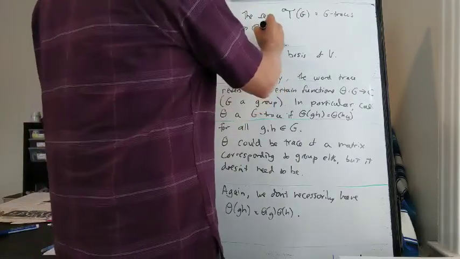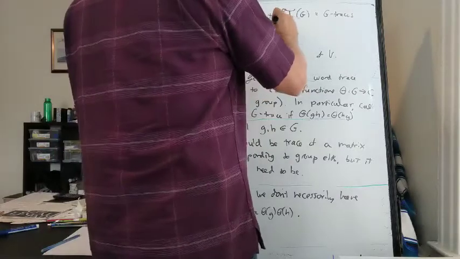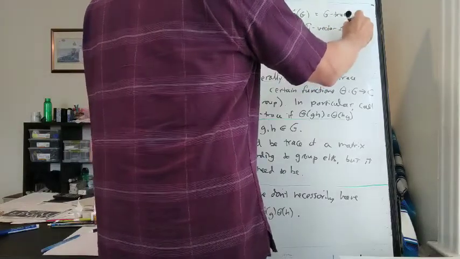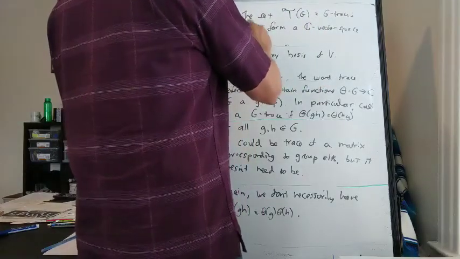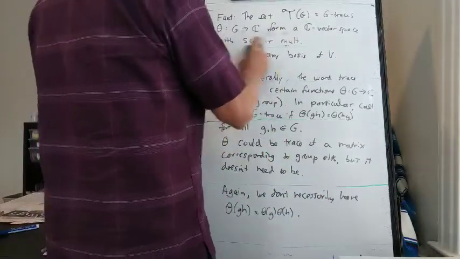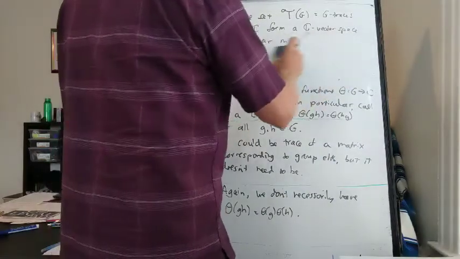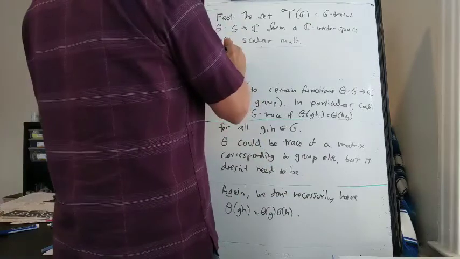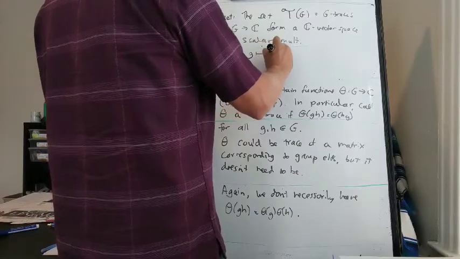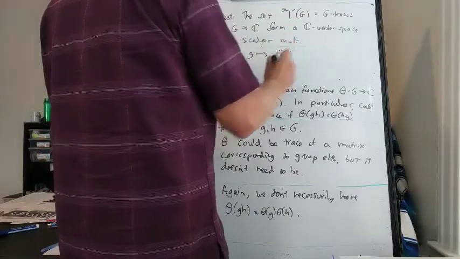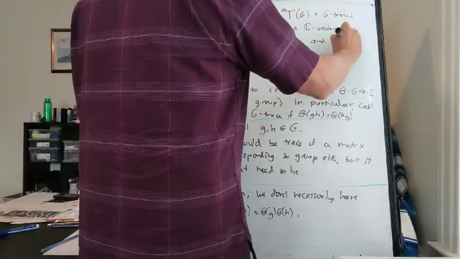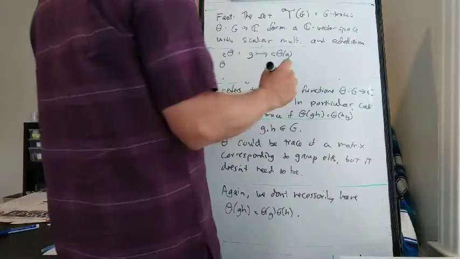So the set of G traces from G to the complex numbers form a complex vector space, with scalar multiplication defined by C theta is the function that takes G to C times theta of G. And addition is also done in the most obvious way.